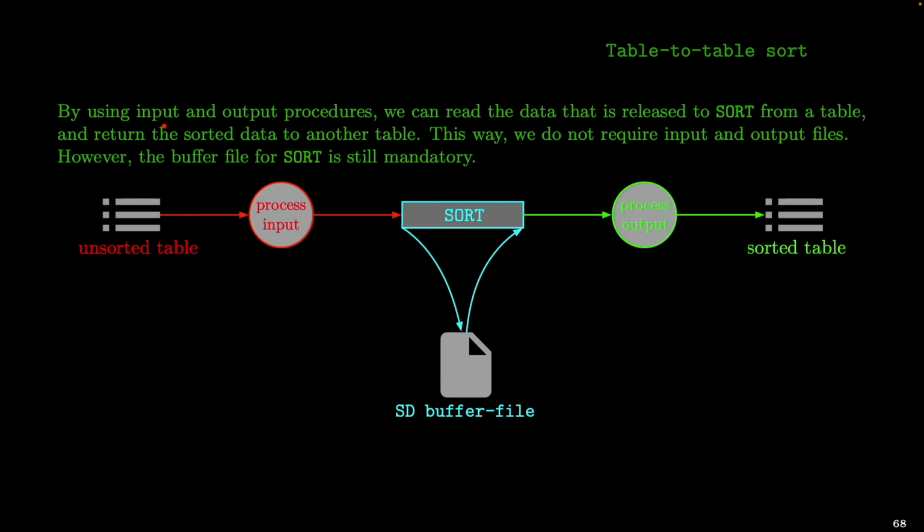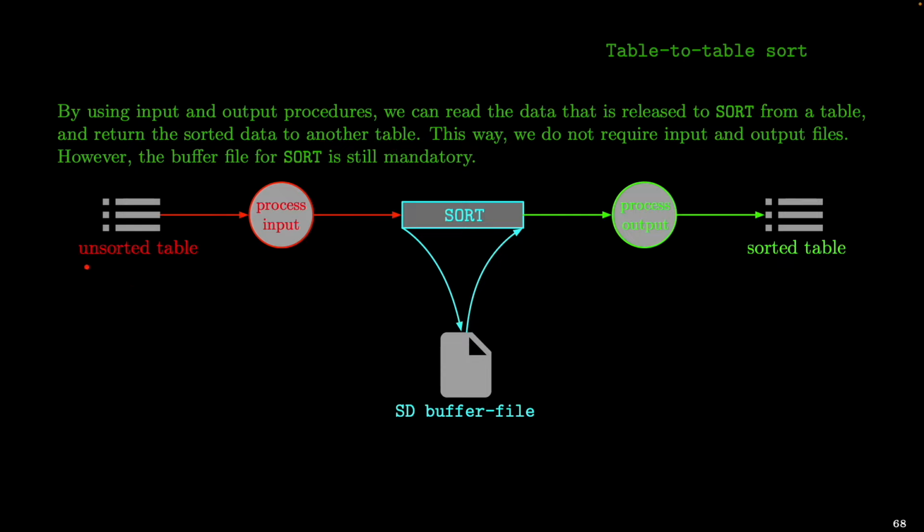And we can use these input and output procedures to read data that is released from a table and return the sorted data to another table. So in this way we can apply the sort instruction to tables rather than files.